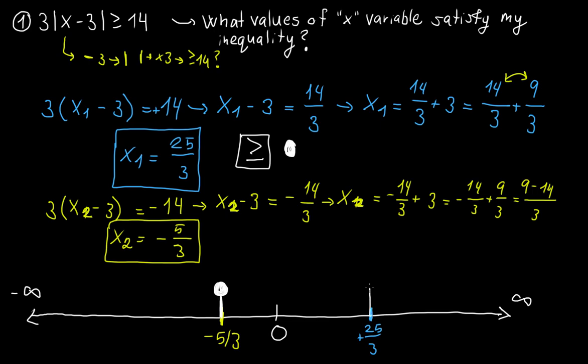And also here, we fill the point. And it's larger than, which means that all of these numbers from the 25 thirds point, including the point, are the solution. And all of these numbers from here.